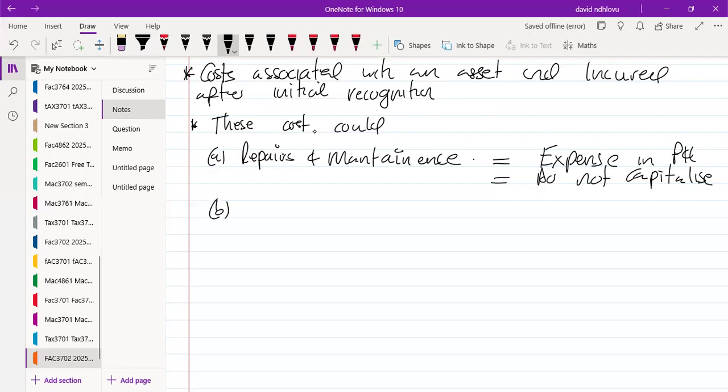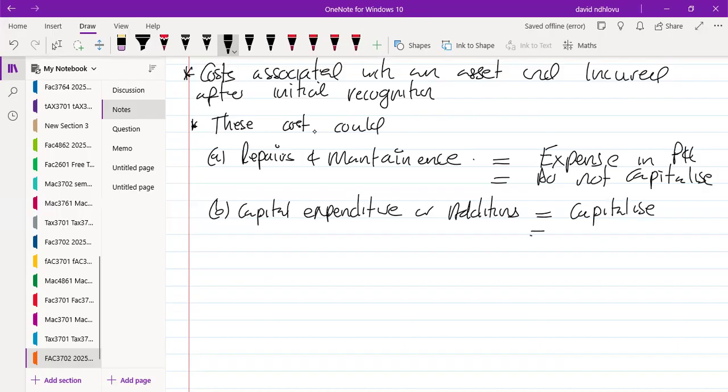Then you can have a capital expenditure, what we call additions. These you capitalize. Let's say you have got a building, maybe it's a hotel, you are running a hotel business, but it doesn't have a swimming pool. You decide to put in a swimming pool. Now you are extending the property and increasing its value, so you are going to capitalize it to the value of the asset.